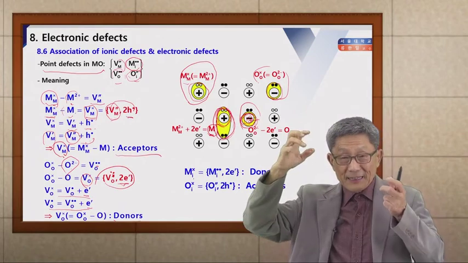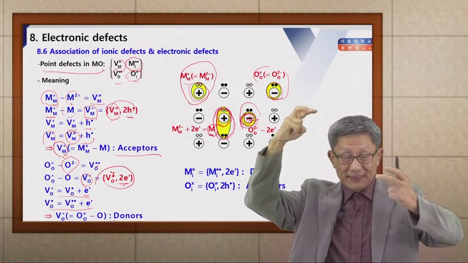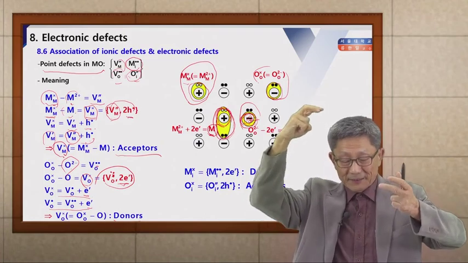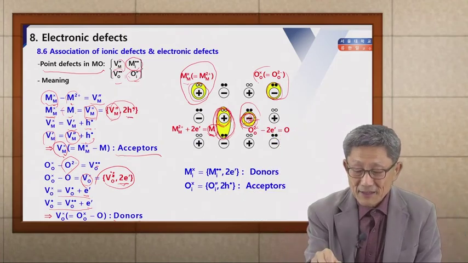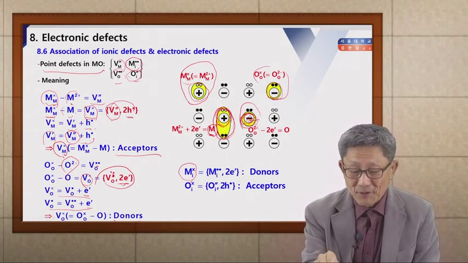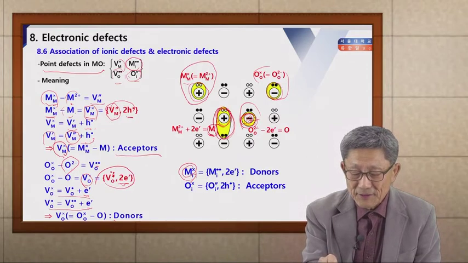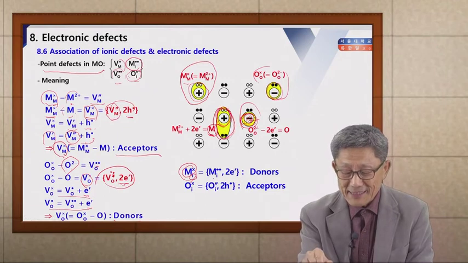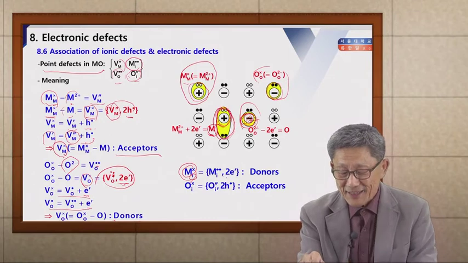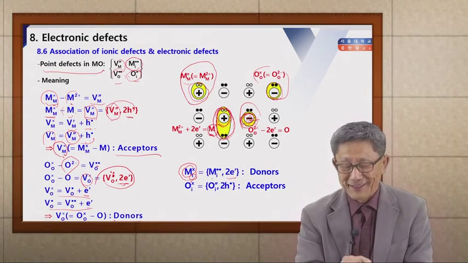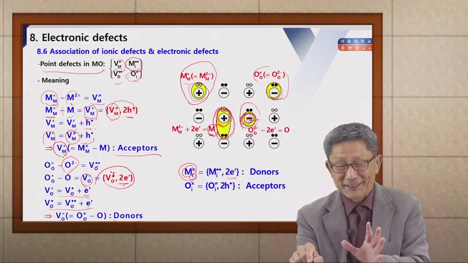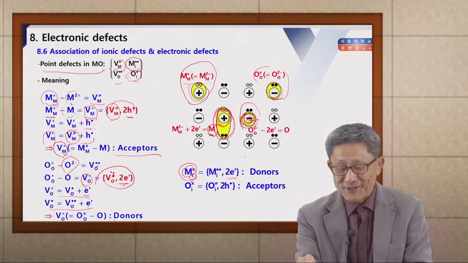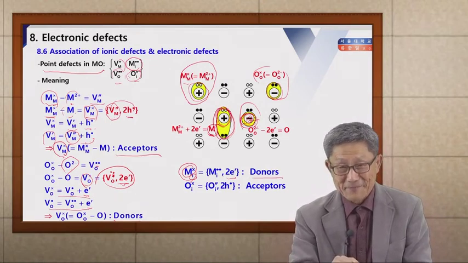Then this metal atom has 2 electrons in its outermost orbital. So it is still electrically neutral because you have the neutral metal atom on the neutral interstitial site. This means the metal is still keeping 2 electrons to stay neutral. Now you can easily expect what would happen then. One electron is donated to the conduction band, and the second one also. So this works as a donor.